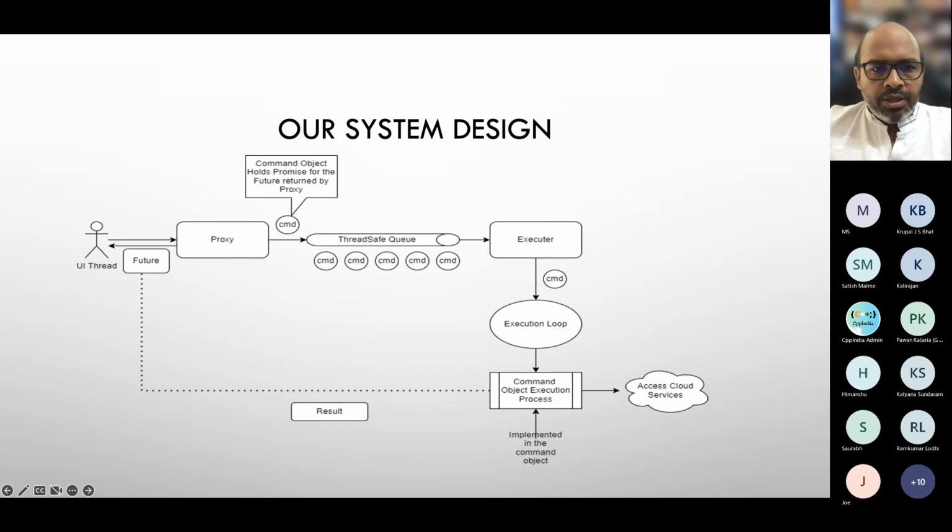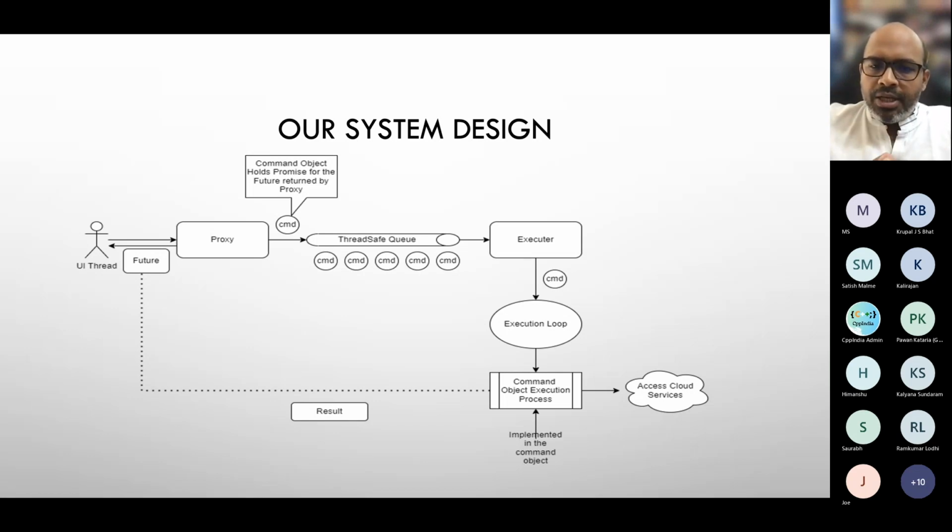The proxy here pushes the commands into the queue, and the executor just reads the commands from the queue and executes those commands in an execution loop. Now, in the execution loop, the command objects themselves have all the information to execute that particular command. In a classical active object design, you need not have that; the executor can have some knowledge of how to execute a particular command request.